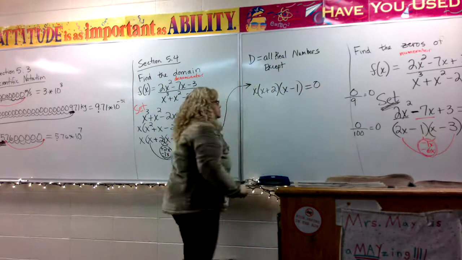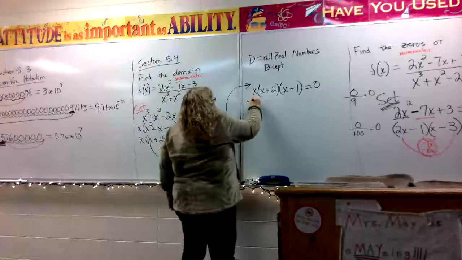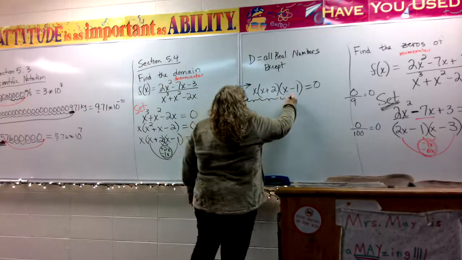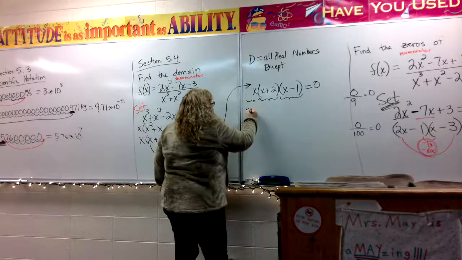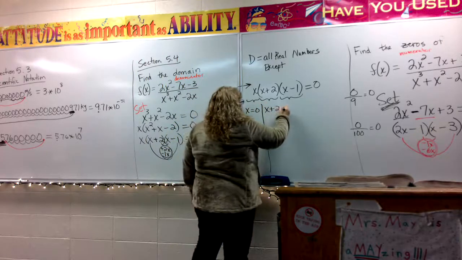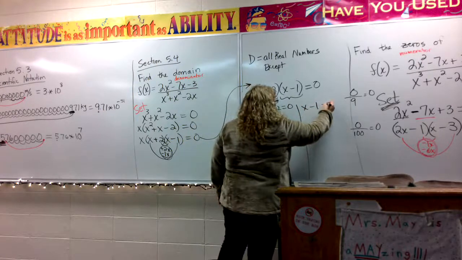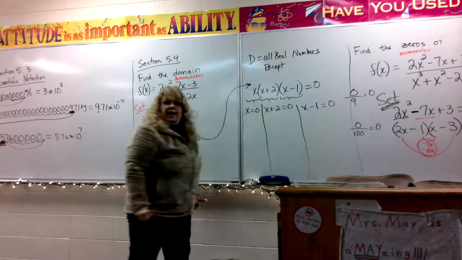If I had something like 5, 7, 6, 0, 0, 0, 0, 0, well, I assume there's a decimal right here, and I'm going to move it so that I only have one place to the left of the decimal.